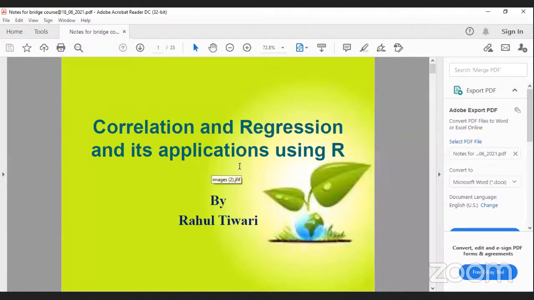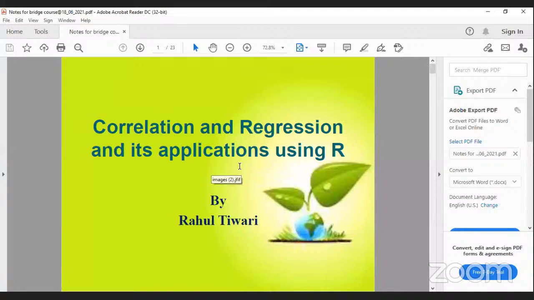So the topic is based on correlation and regression and its application using R software. This is a very major, or I would say very vital, part of statistics, because here we do the modeling part in statistics, which is widely used in different applications.